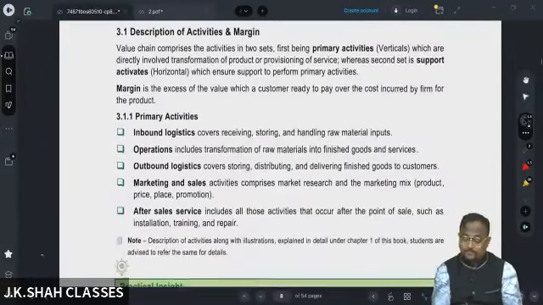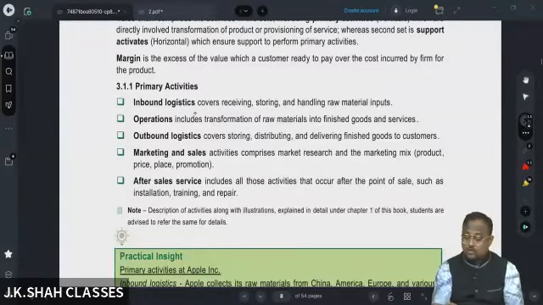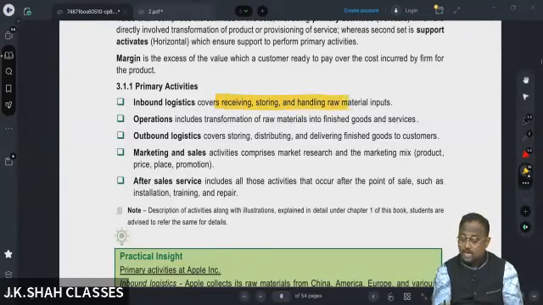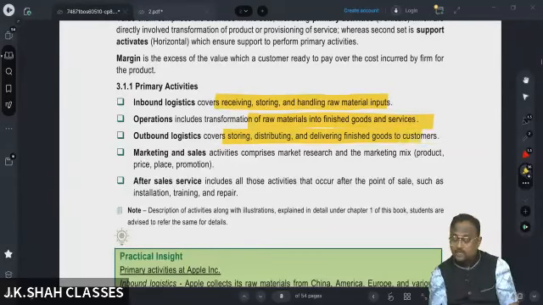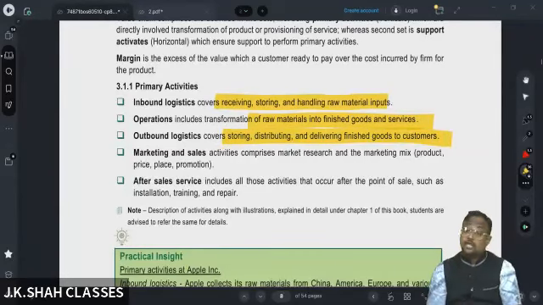So see, inbound logistics covers receiving, storing, handling, raw material input. Operations means how effectively you can convert raw material into finished goods. Outbound logistics covers storing, distributing, delivering finished goods, with timely distribution.